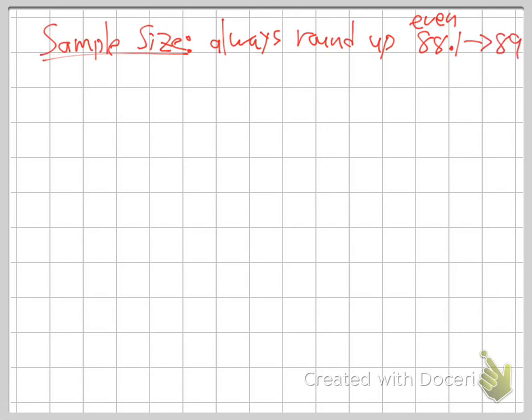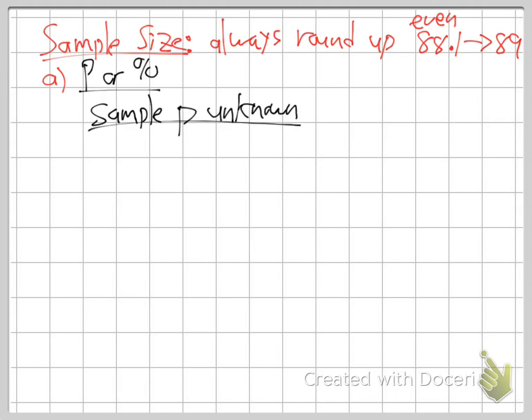Always up. Okay, and then I'm giving the example A, and I'm saying if you have a P, or a percent, that's what we have, P or percent. And case 1 is the sample P is unknown. I'll explain all that. It'll be easy to tell. Sample P is unknown. That's our situation. Then N is going to equal the number that you need in your sample, Z squared times 0.25 over E squared, where E is the error.